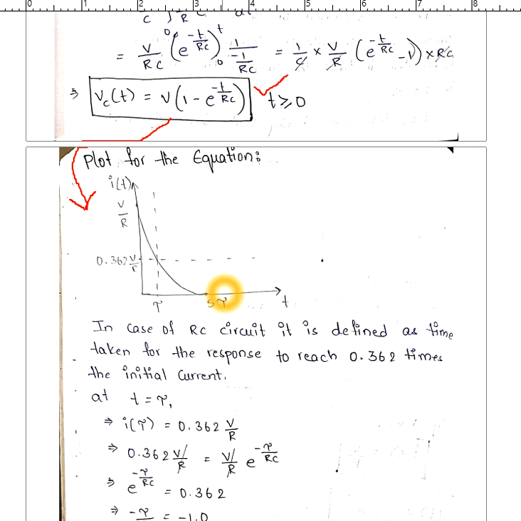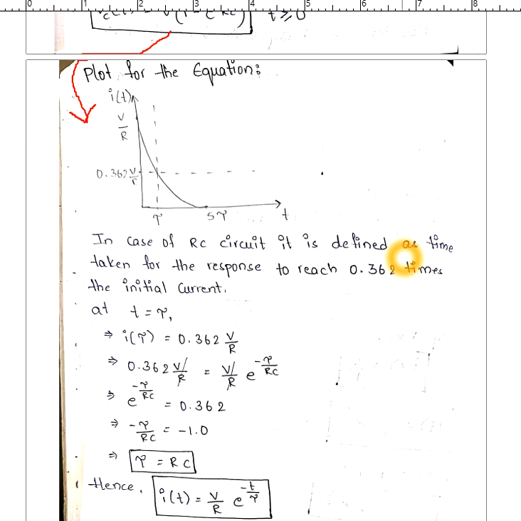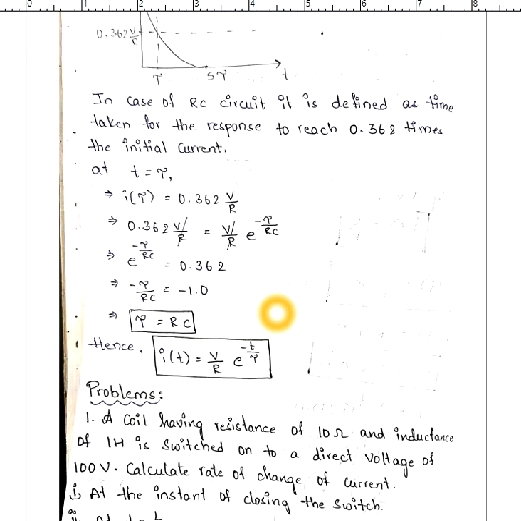So here in case of a capacitor, the time constant is defined as the time taken for the response to reach 0.362 times that of the initial current. Because it is falling down, it is defined in a different way. In the same manner you can derive the time constant, because at time constant tau, as per the definition, the current should come to 0.362 times the initial current, and the initial current is V by R here.